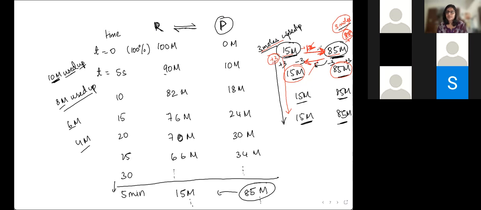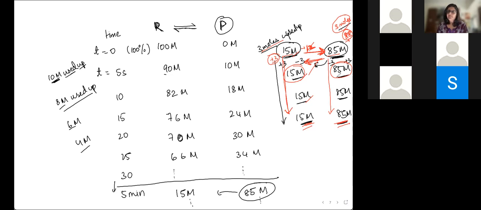From this point on, I'll see that it is at 15 moles constantly, whether at 5 seconds, 10 seconds, or 15 seconds. As long as I keep that vessel unchanged, this will be the permanent concentration of the reactant, and this will be the permanent concentration of the product. It doesn't change. So that is the characteristic of the equilibrium: the net concentration of the reactants and the products will not change.